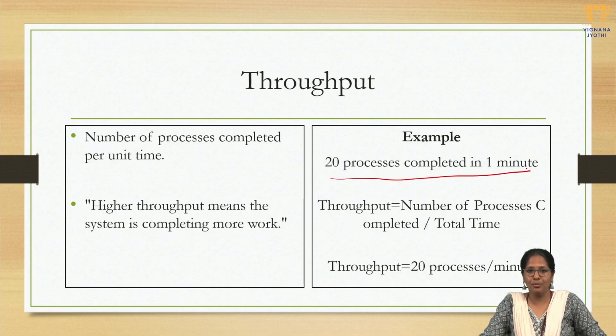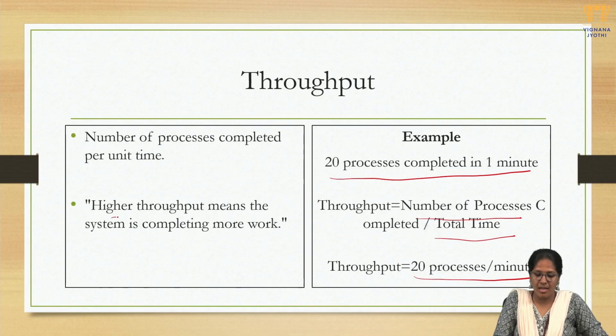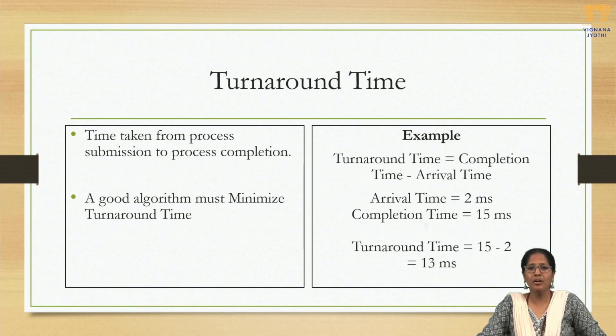To calculate throughput, we divide the number of processes completed by the total time taken. Therefore, the throughput is 20 processes per minute. The main objective of CPU scheduling algorithms is to maximize the throughput so that more processes are completed in less time. Moving on, the next scheduling criterion is turnaround time.